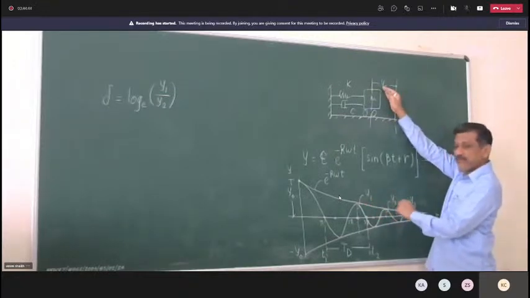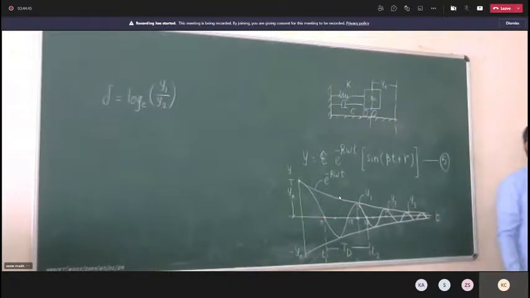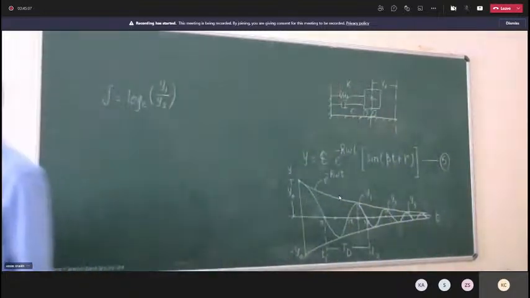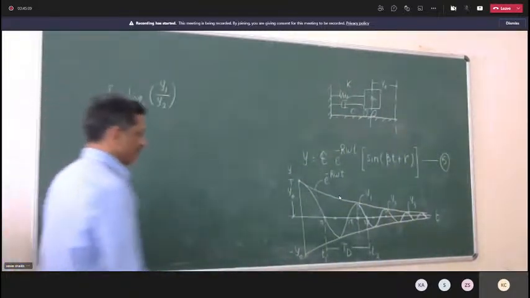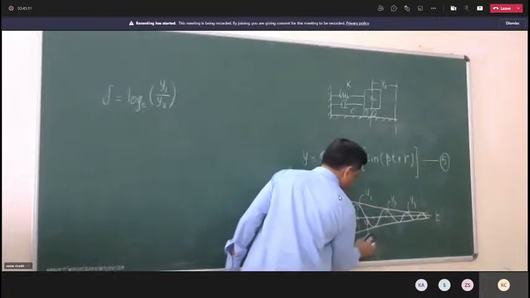That means after every one complete cycle, you are taking the ratio. That is logarithmic decrement. Right. Okay. All right. And now you plot this graph again.